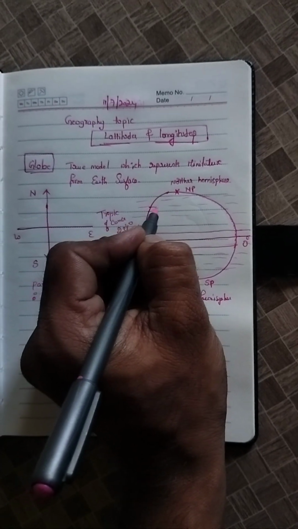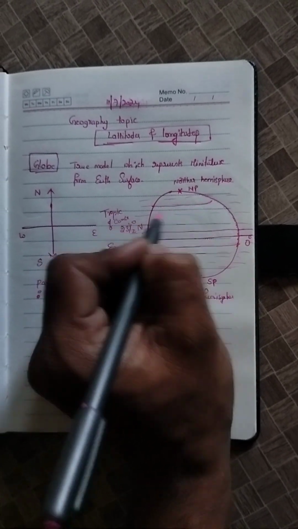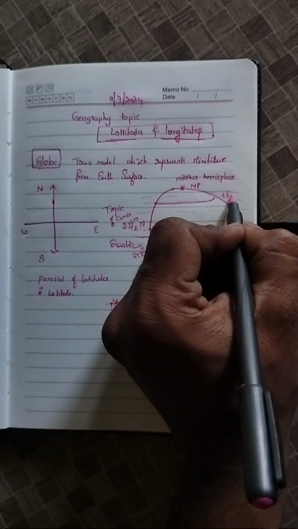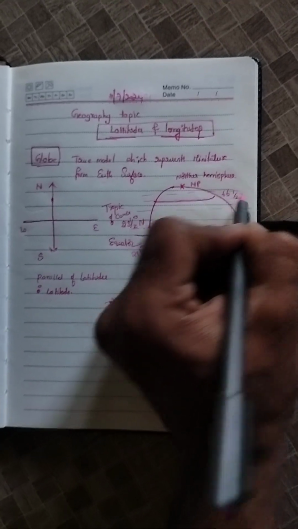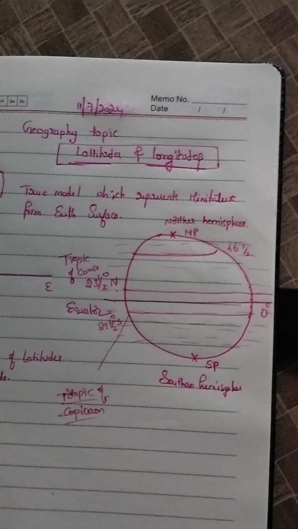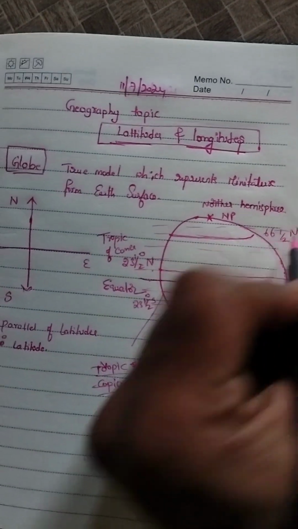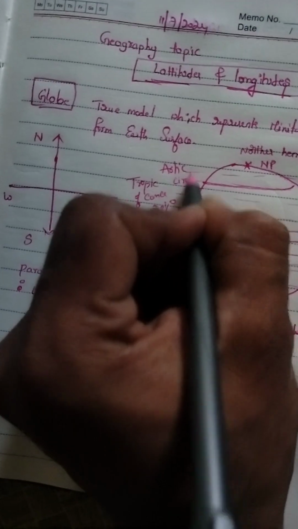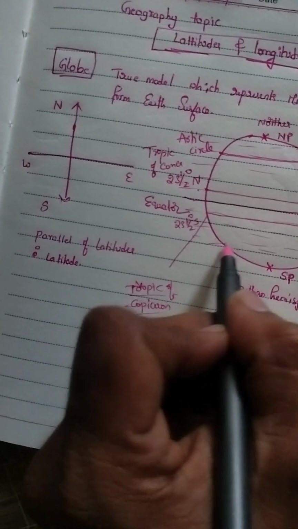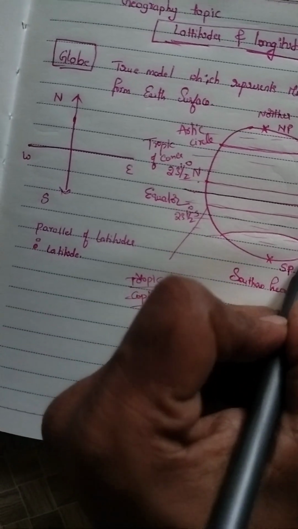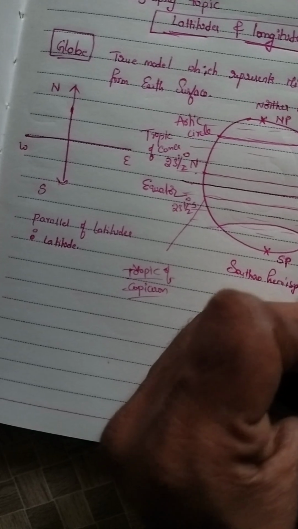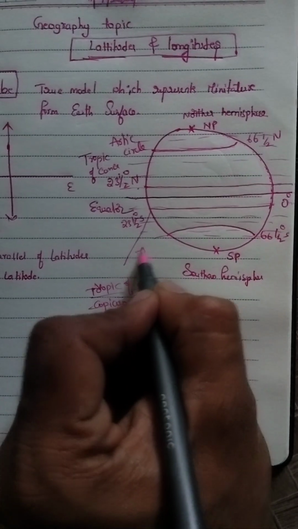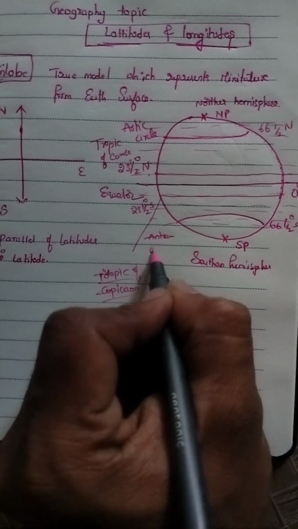Now, 66 and a half degrees north is the Arctic Circle. 66 and a half degrees south is the Antarctic Circle.